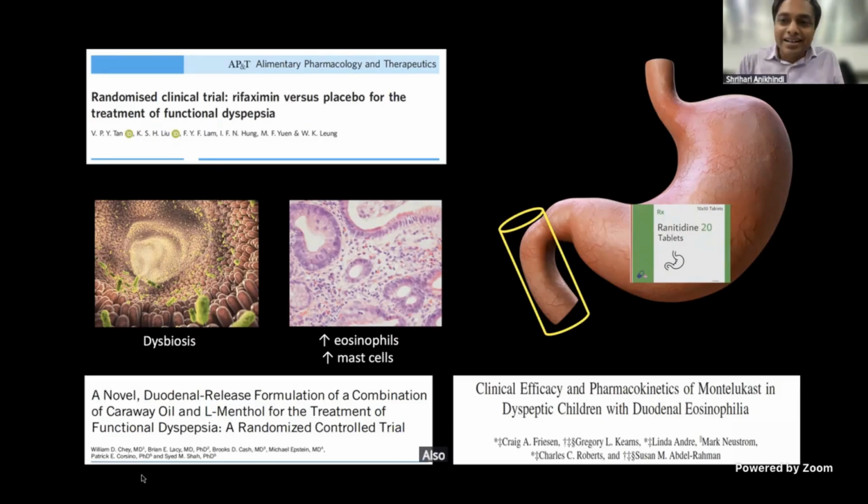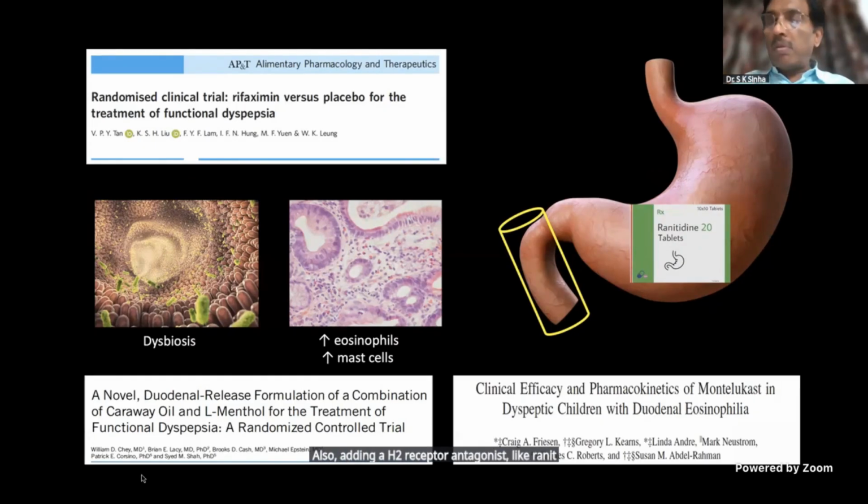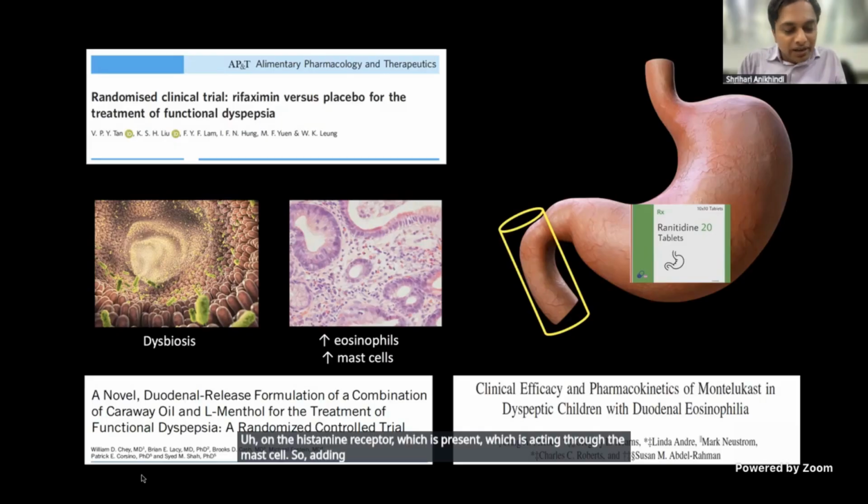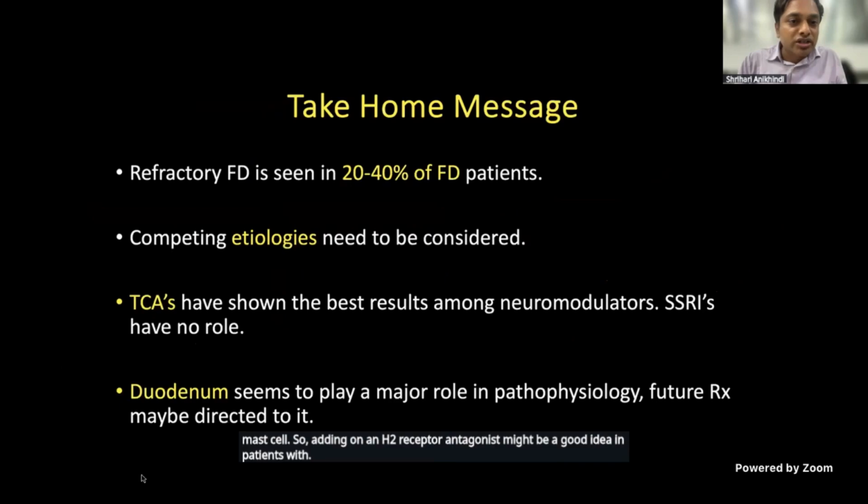Also, adding an H2 receptor antagonist like ranitidine might be a good option in patients with refractory dyspepsia, because it acts on the histamine receptor, which acts through the mast cell. So adding on an H2 receptor antagonist might be a good idea in patients with functional dyspepsia.